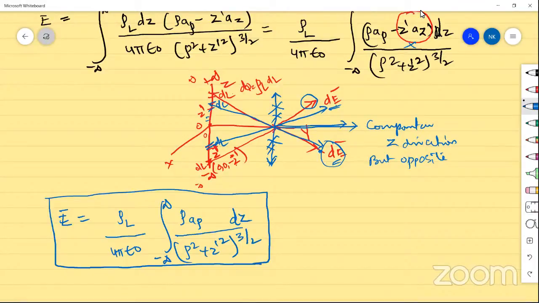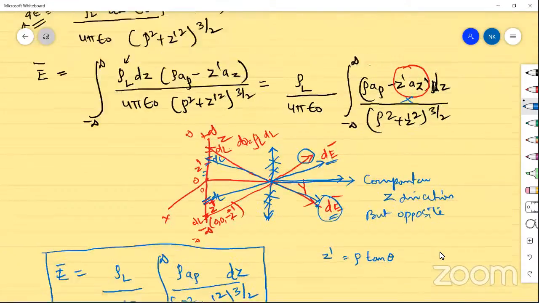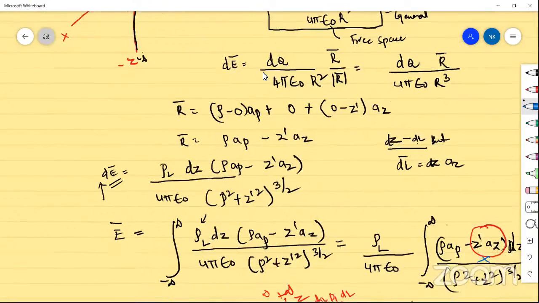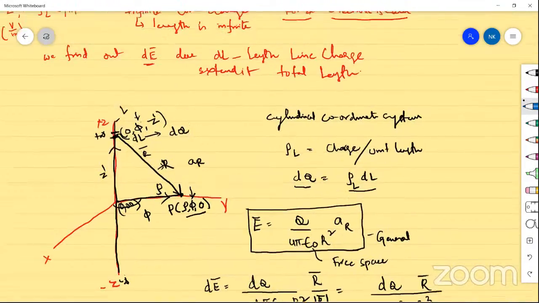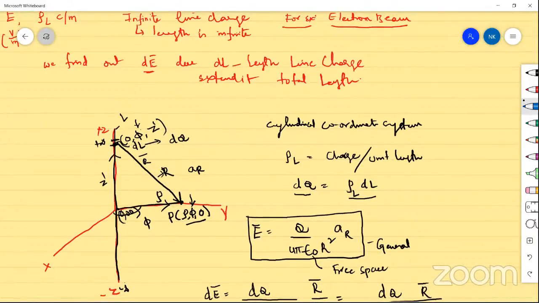So now it's a simple case of integration. Substitution method: I will consider z is equal to rho tan theta. So where is theta?